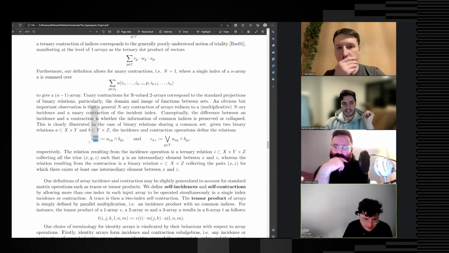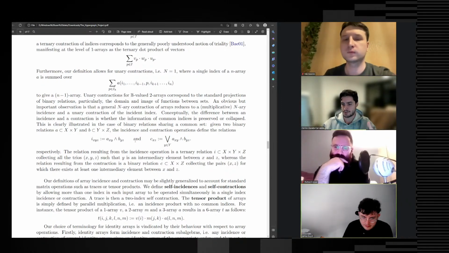So that's why this particular way of taking a product, which is what we call an incidence product, is very natural when it comes to hypergraphs, because it's directly probing the topology of a given graph just by using conjunction and disjunction.